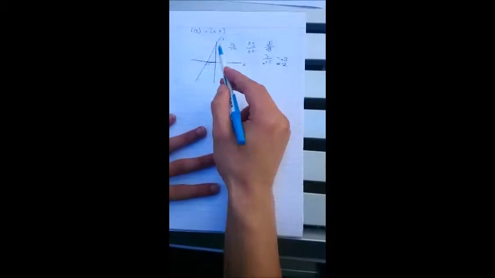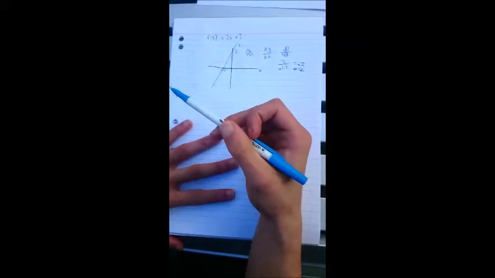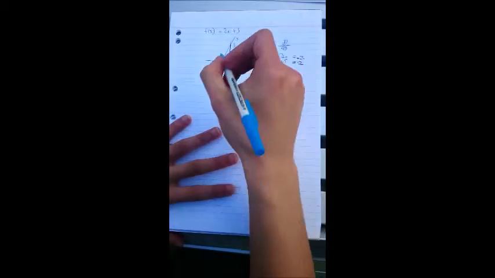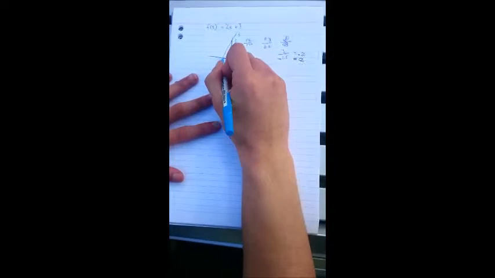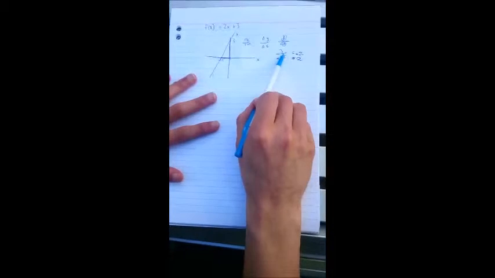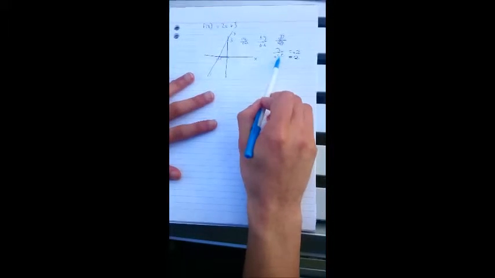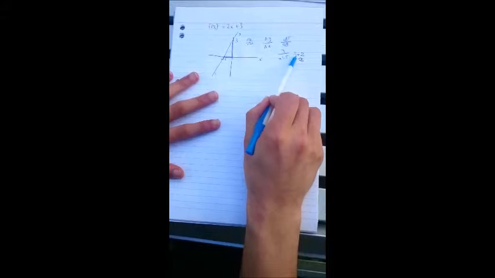Now, to find the rate of change or slope of this function, the derivative, we can take the rise over run, showing the change of y over change of x, which is here shown to be 3 over 1.5, which gives a slope of 2.